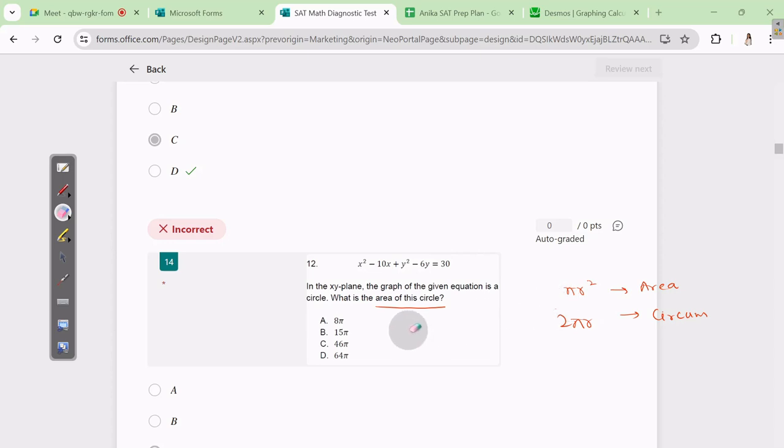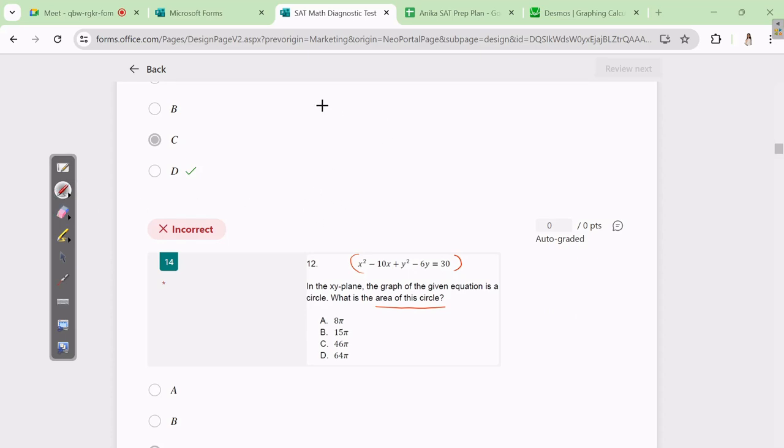So now we want to find the area, so we should know the radius, right? Obviously, we need the radius to find the area of the circle, but we don't have any other information except the equation of the circle, right? So from this equation, how can we find the radius of the circle?